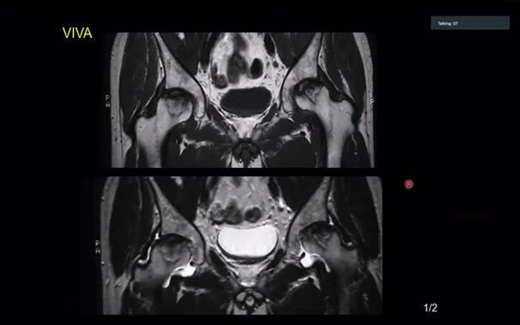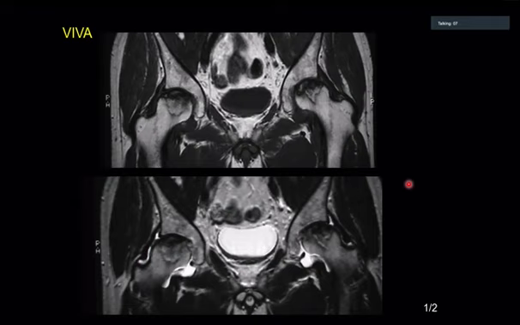So it's MR pelvis, T1 and T2 weighted sequences in coronal views, which is demonstrating irregular shaped epiphysis of both femurs.